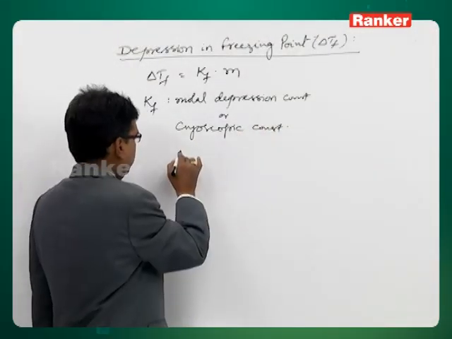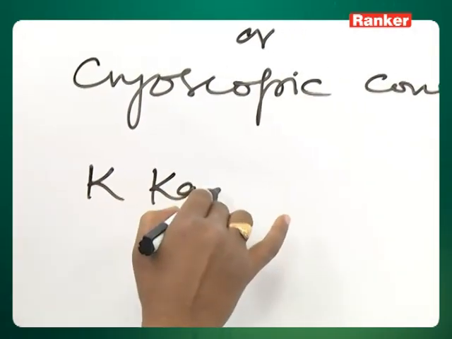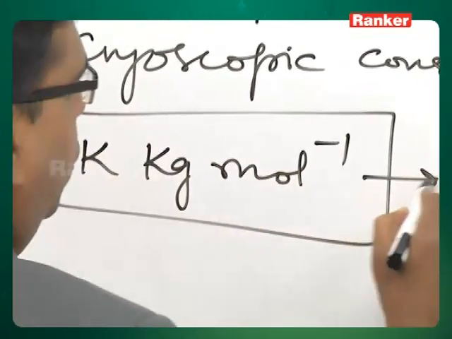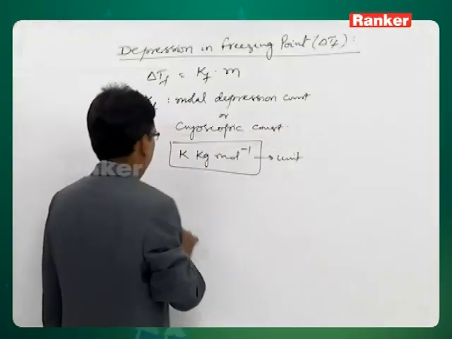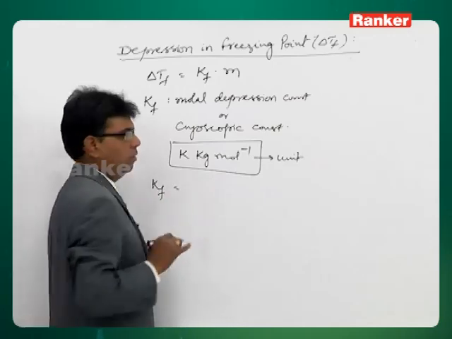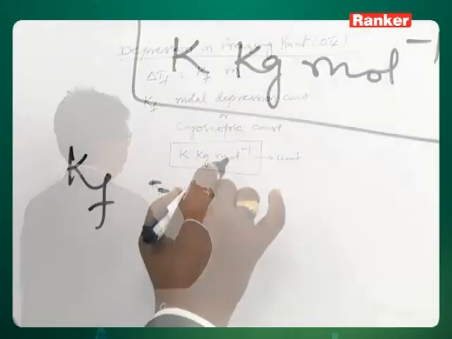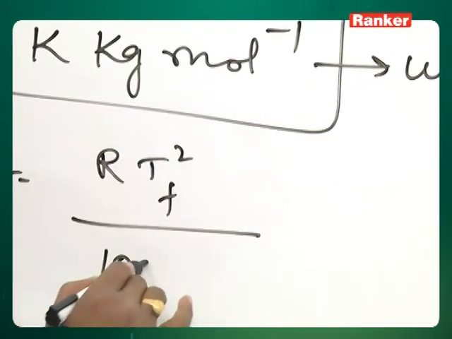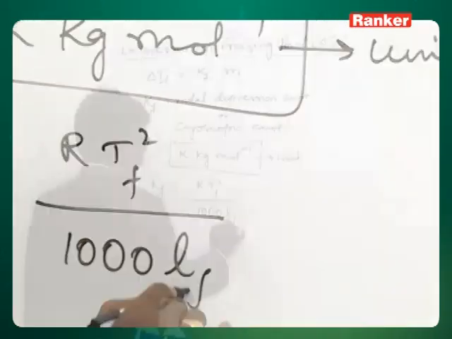The unit for this is again Kelvin kg per mole, and this Kf is equal to R TF square by 1000 Lf.